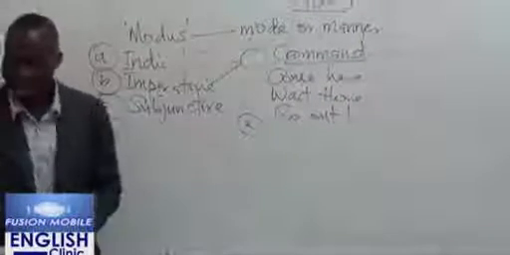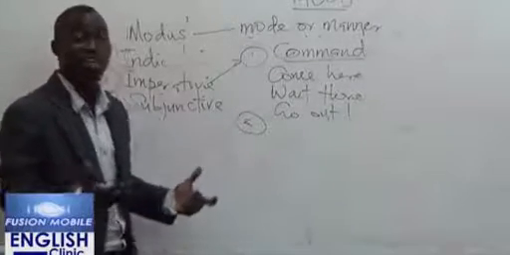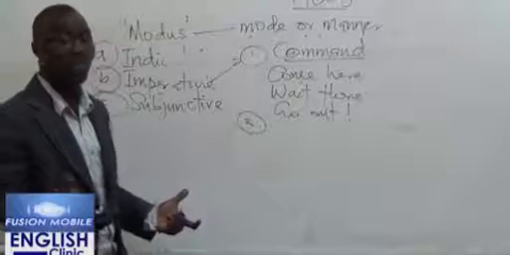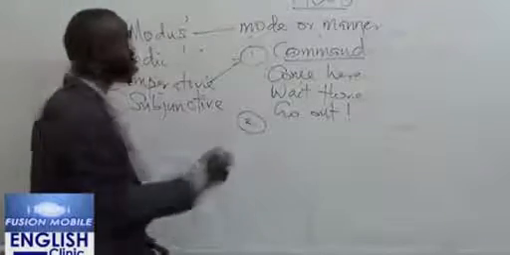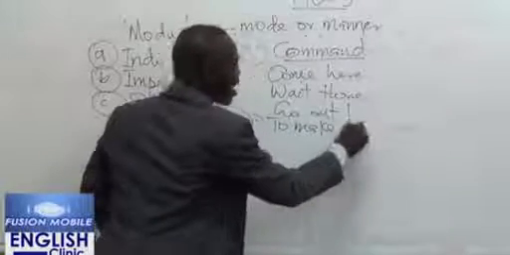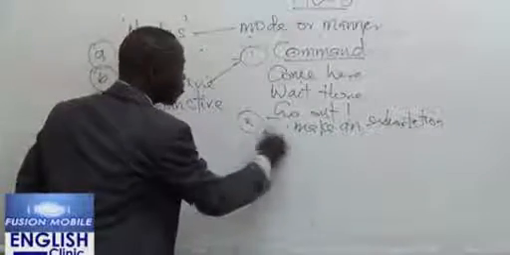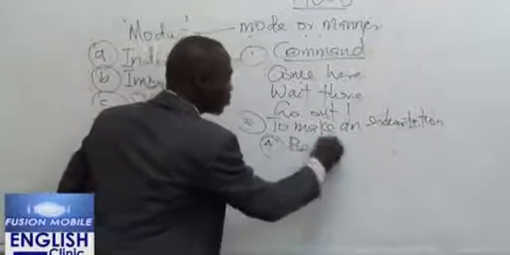Number two, we use the imperative mood to make an exhortation. We make an exhortation when we want to give a charge, when you want to implore somebody to do something. For example, I can say, be steady.